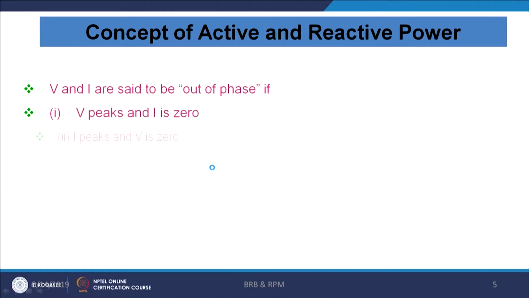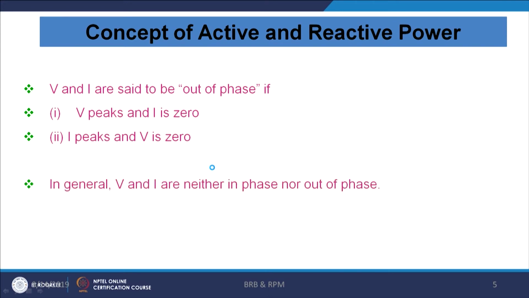When you are charging the battery, voltage and current are in the same phase, but when you discharge the battery through the active filter, you can have a 180 degree phase shift. In general, V and I are neither in phase nor out of phase; they are somewhere in between.